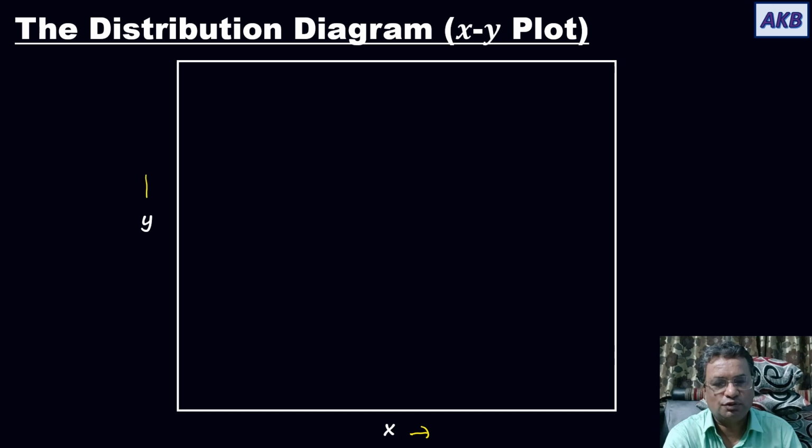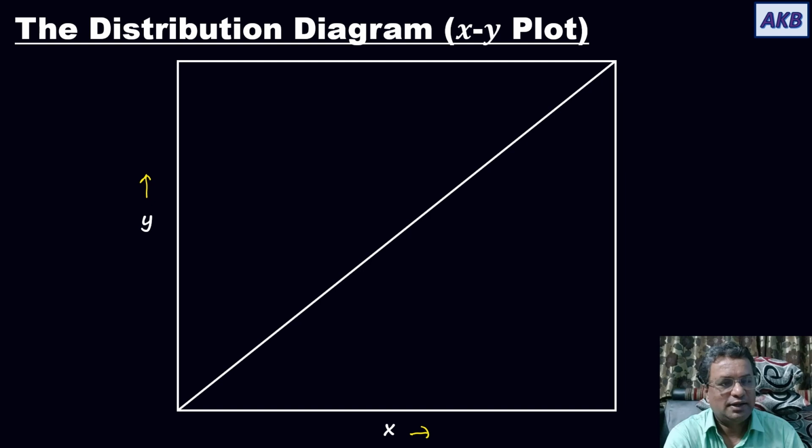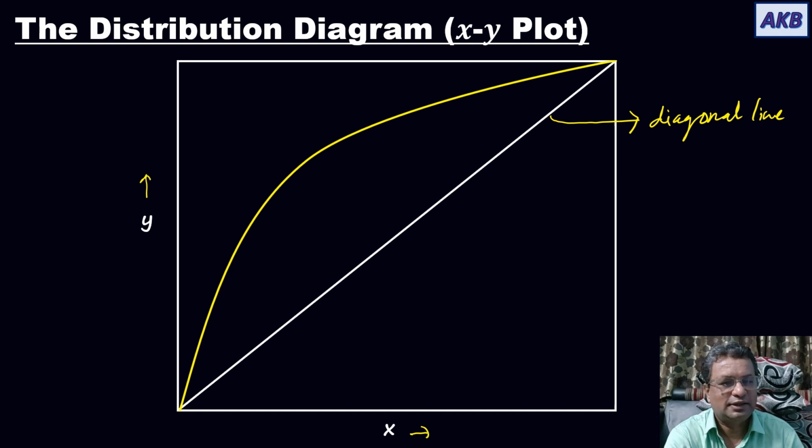Y is the mole fraction of A in the vapor phase. And this will be the diagonal. This will be the equilibrium curve.